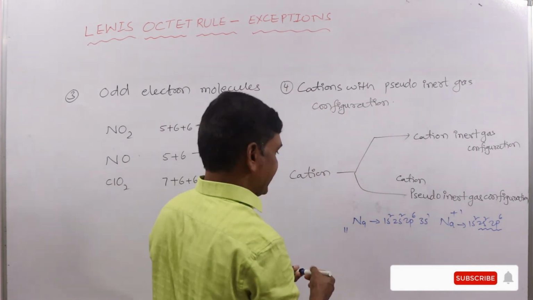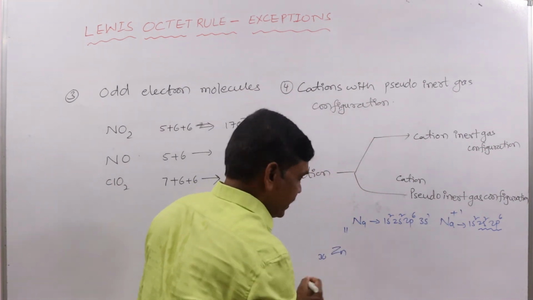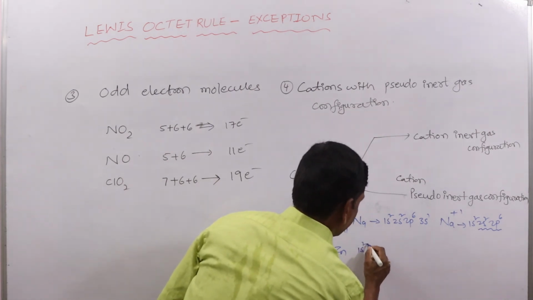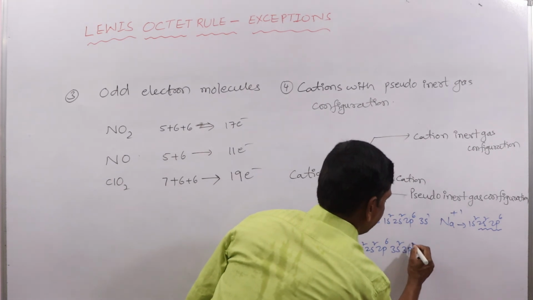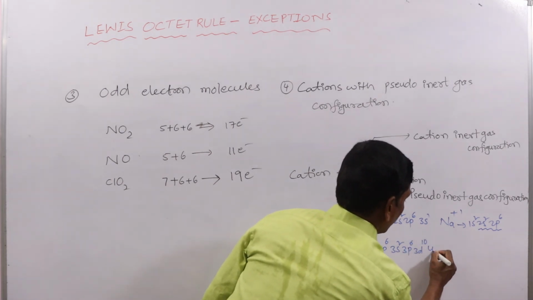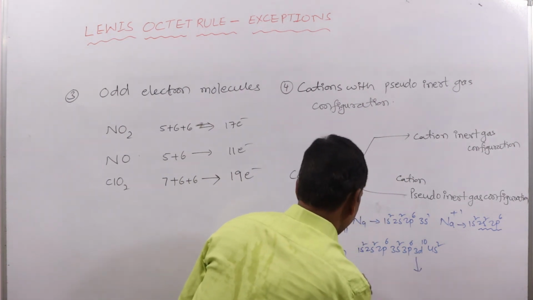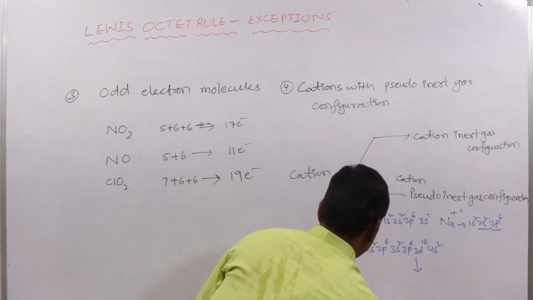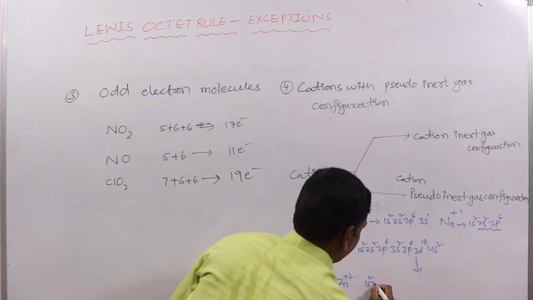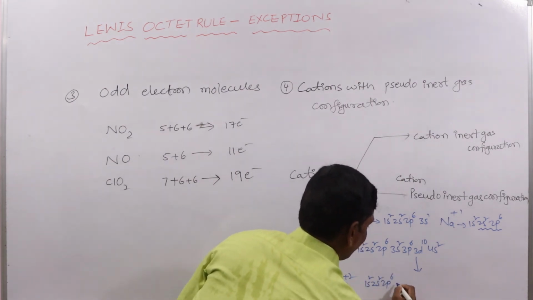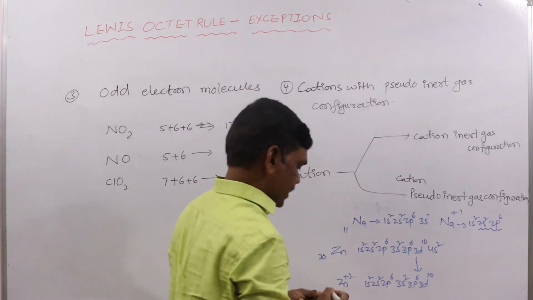Now, what is pseudo inert gas configuration? For example, zinc: atomic number 30, electronic configuration 1s2, 2s2, 2p6, 3s2, 3p6, 3d10, 4s2. Now when zinc forms the Zn2+ ion, the electronic configuration is 1s2, 2s2, 2p6, 3s2, 3p6, 3d10.